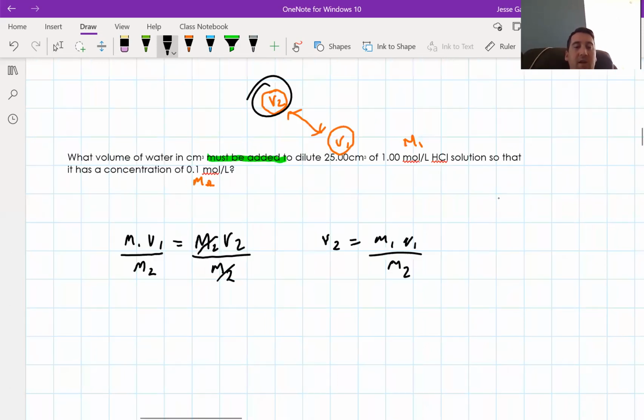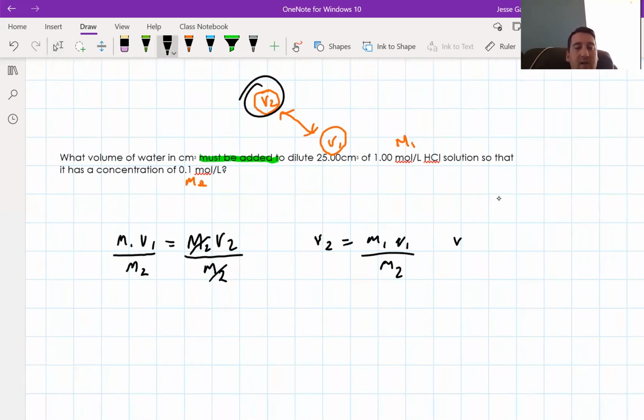Plugging in my values, what I get here is V2 equals M1 was 1 times V1 was 25 all over M2 was 0.1. So I am going to go ahead and do that calculation. 1 times 25.